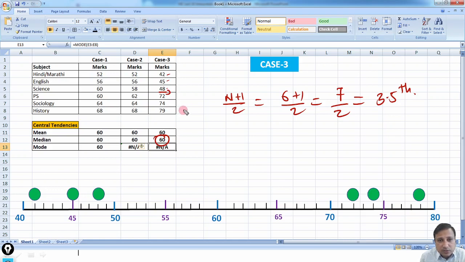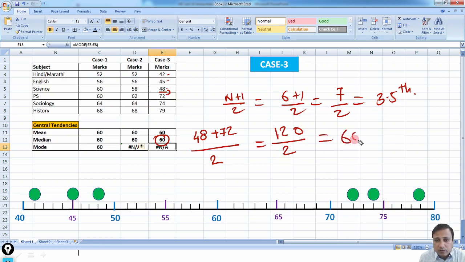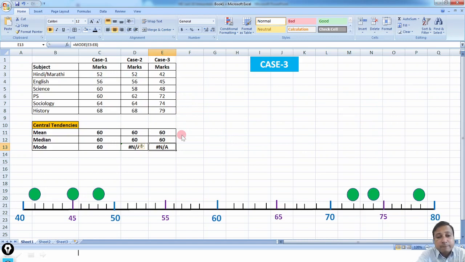How to compute this? 48 plus 72 divided by 2. 48 plus 72 is 120, divided by 2 will be 60. So this is the way that we compute median. So 60 marks are located somewhere here. And this median of 60 marks tells me that there are 3 numbers above this 60 and there are 3 numbers below this 60. So this is the way that we interpret median.